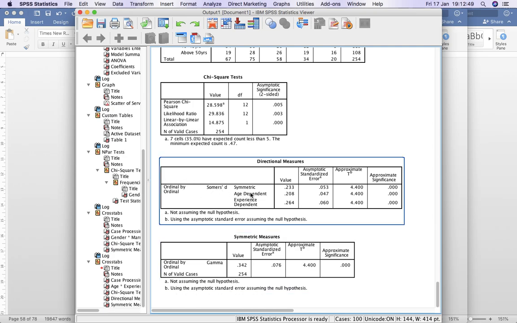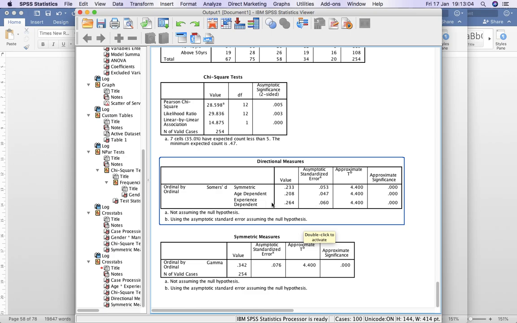So it's good you check between the age and experience, which is the dependent. Experience maybe depends on age. So experience is the dependent. So when you're interpreting the results, you'll interpret for this one.